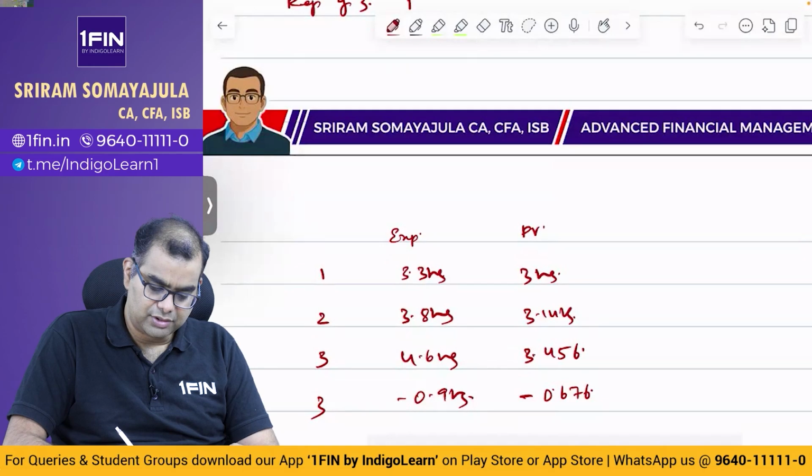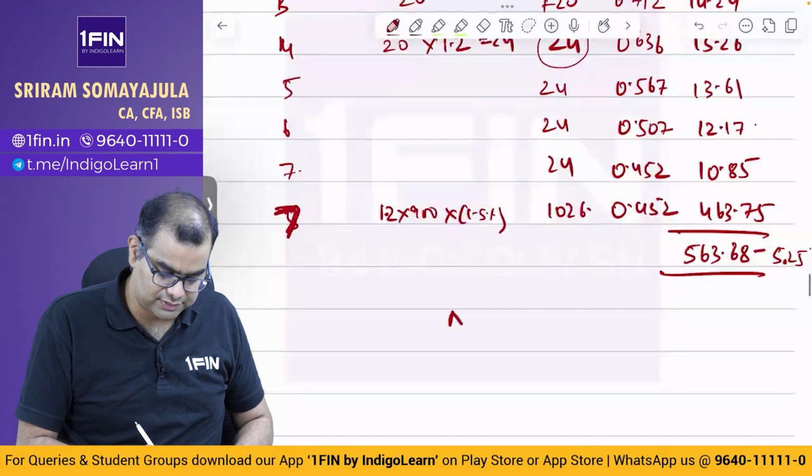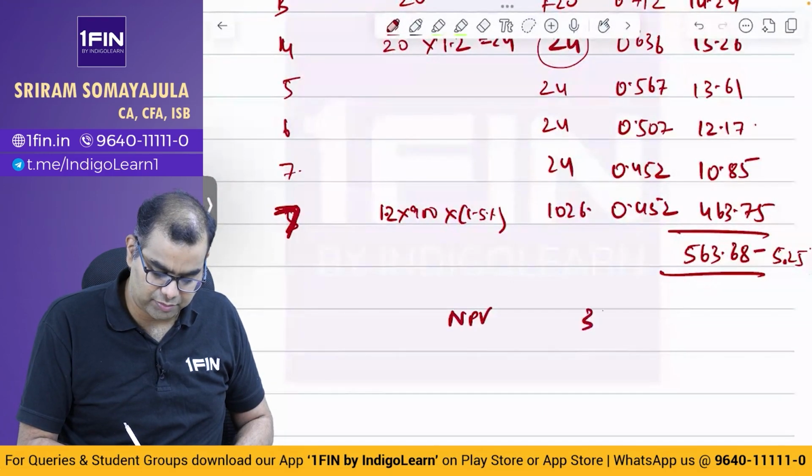What is the present value? 17.86 plus 15.94 plus 14.24 plus 15.26 plus 13.61 plus 12.17 plus 10.85 plus 463.75. Add all of this, you get 563.68, minus 525. You get NPV as 38.68.